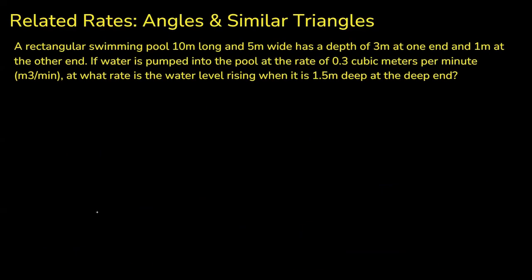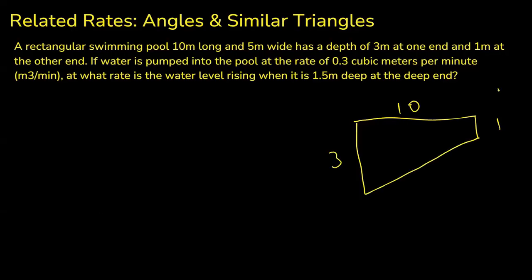This one's going to involve similar triangles. A rectangular swimming pool, 10 meters long and 5 meters wide, has a depth of 3 meters at one end and 1 meter at the other end. So let's just look at what's going on here. We have the pool, it's 1 meter at one end, it's 10 meters long, and it's 3 meters at the other end. So this is what a side view of the pool would look like, and it's 5 meters wide this way.